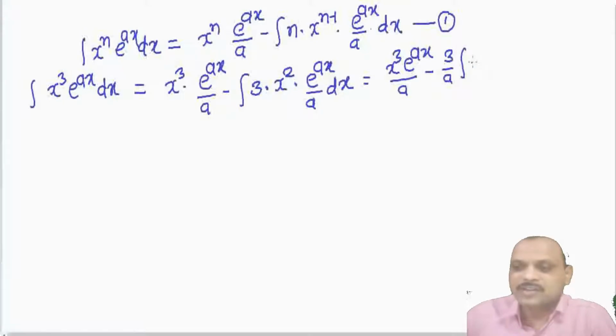Here 3 and a are constants, so we write 3 divided by a out of the integration, leaving the term x square e raised to ax into dx.